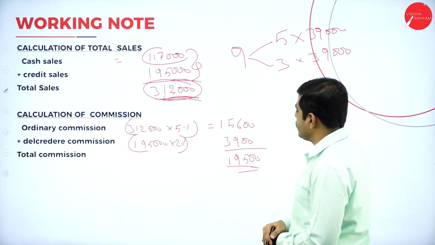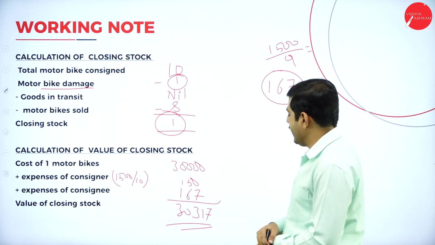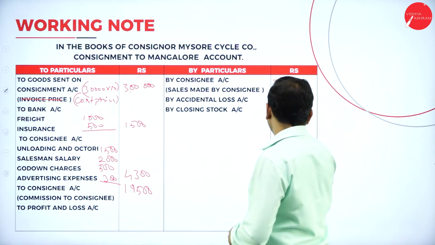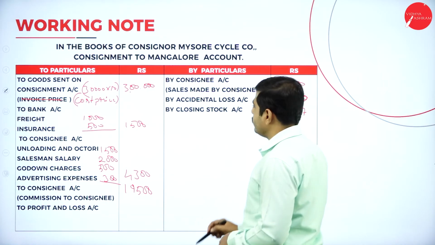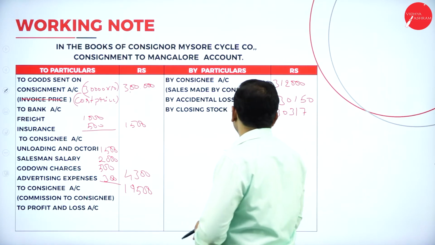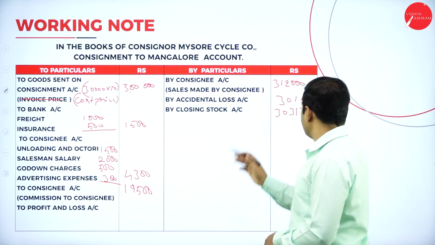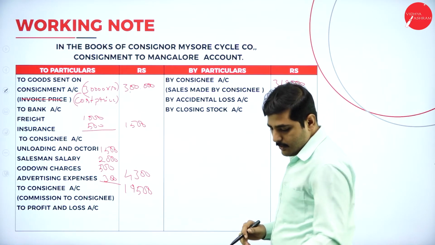So what is our closing stock value? Value of closing stock is 30,317. So this is 30,150, the accidental loss, and closing stock is 30,317. Now calculate the profit or loss.